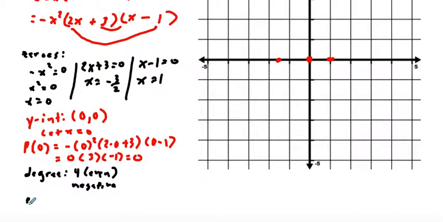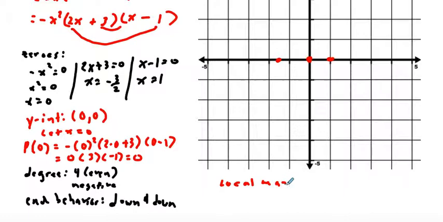And so now we can determine the end behavior. Because it's even and it's negative, what do we say the graph is doing? It is going down and down on the ends. Right, so our last piece here is to identify the local max and the local min.